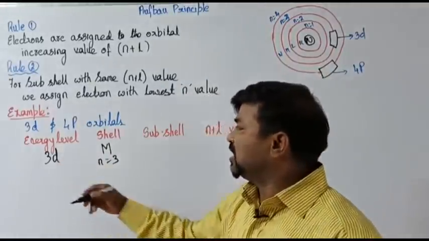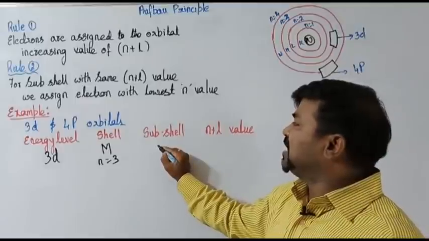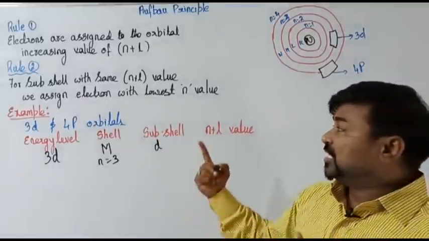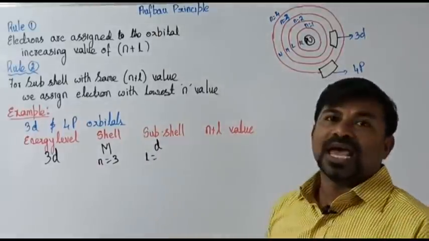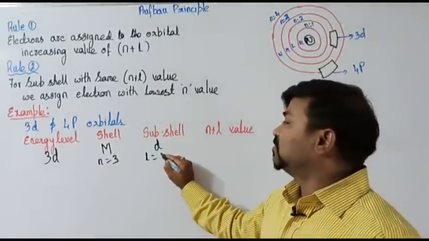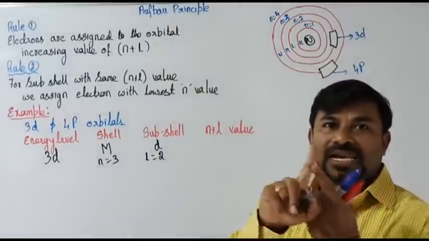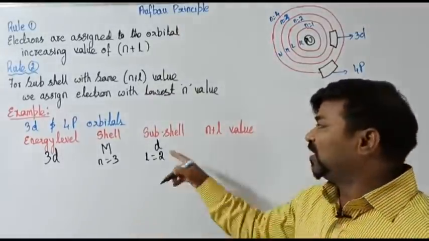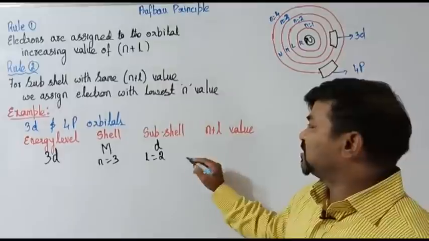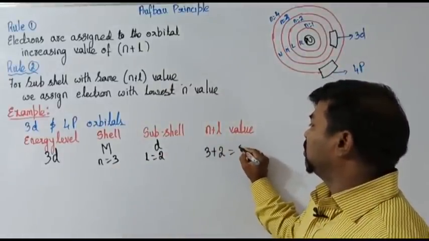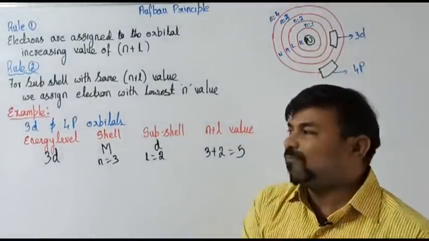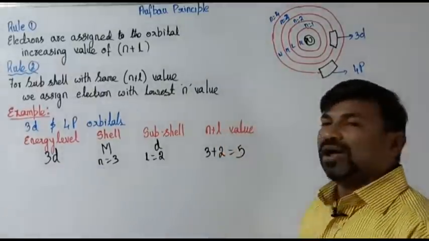It is clearly the d subshell, and the azimuthal quantum number denoted by l: for s it is 0, for p it is 1, for d it is 2. Now what is the n plus l value? 3 plus 2 is 5. So the n plus l value of the 3d orbital is 5.